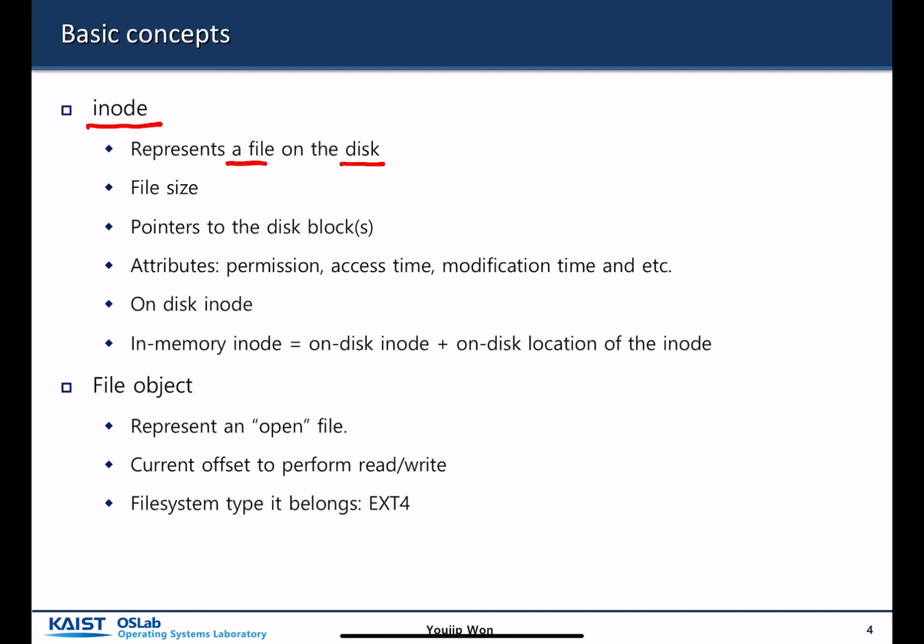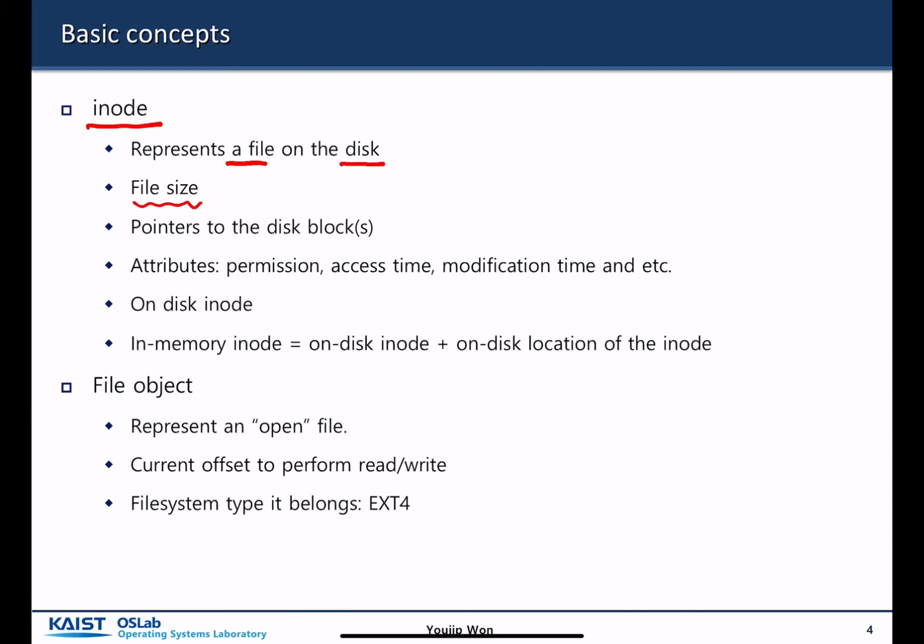So every file has its own inode. It's a data structure. And what does it represent? It contains the size of the file, how large the file is, and it contains the location of the data blocks that belong to a file. So it may be a pointer to the disk blocks that belong to a file.